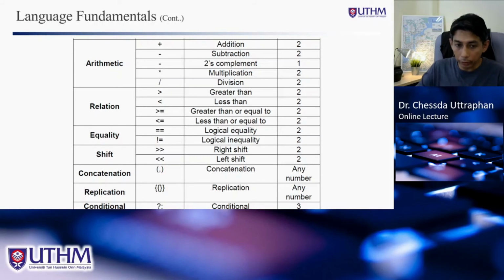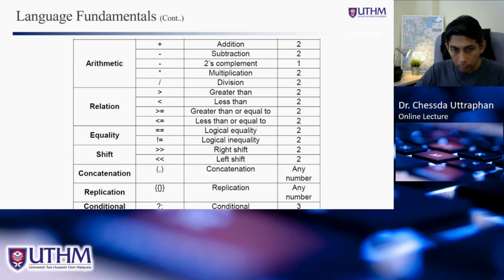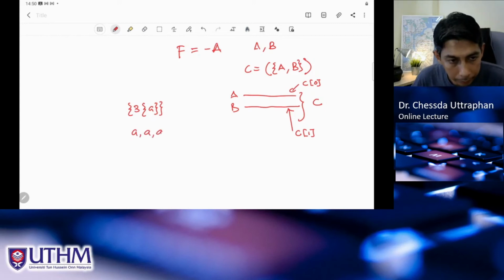For example, we want to replicate the A signal, so we can do something like this: 3 times A. So what we can get later on is A, A, A. That is replication.